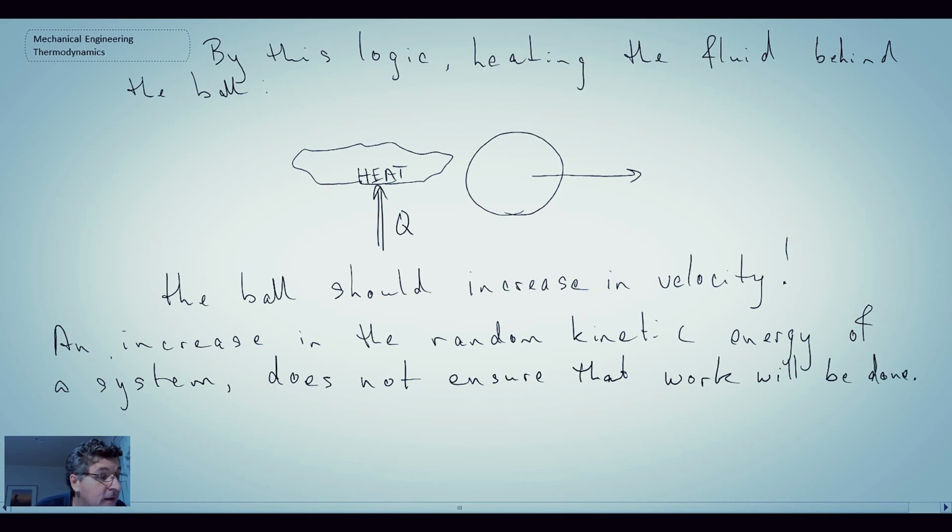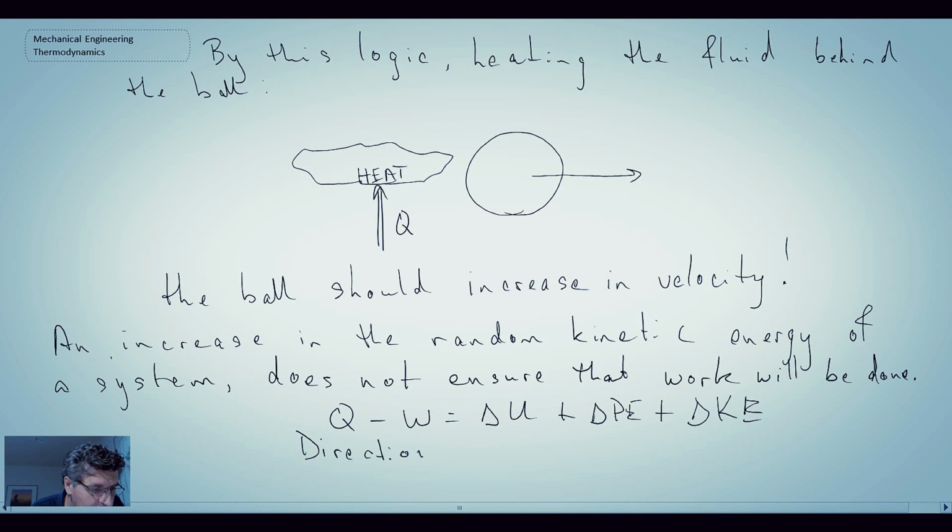So looking back at the first law, we had Q minus W equals delta U plus delta PE plus delta KE. What this tells us is that the direction of energy flow, I'll call it energy transfer, is not determined by the equation.